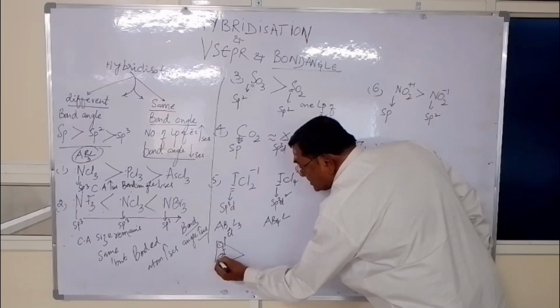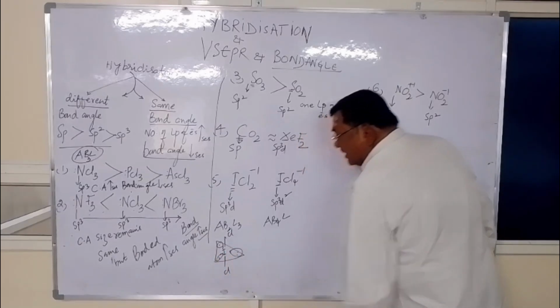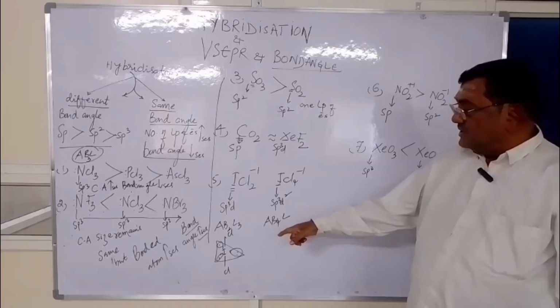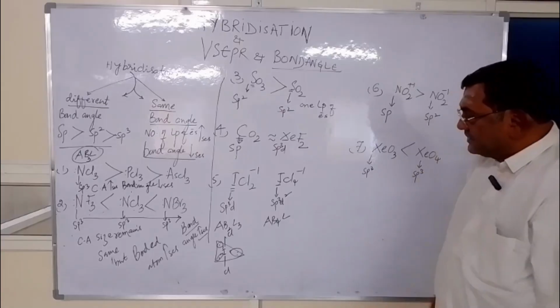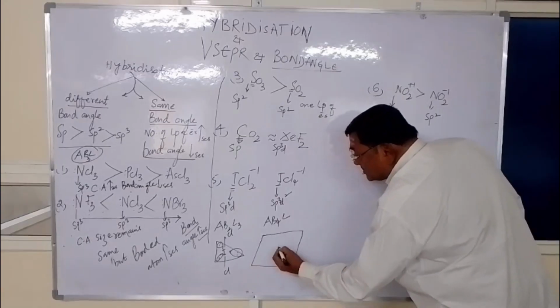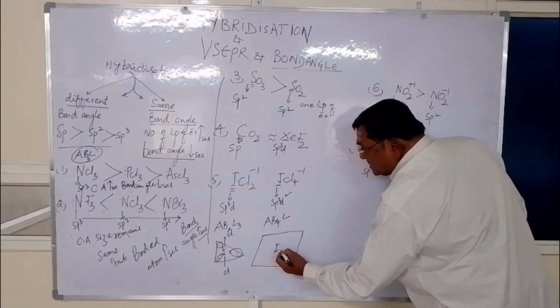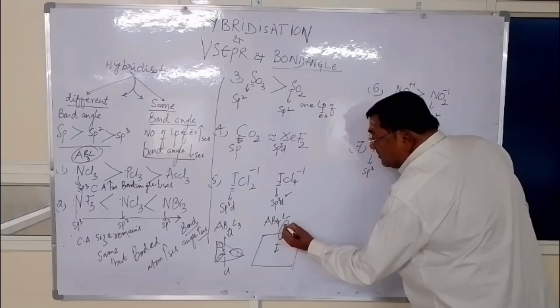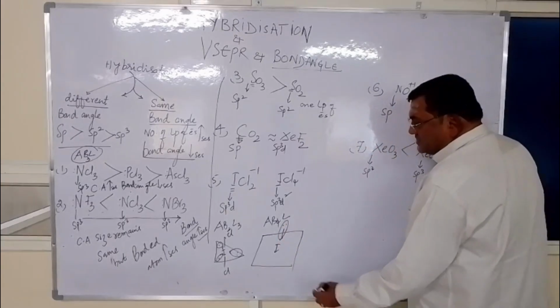In general, I told you, children, in sp³d the lone pairs are going to be extended to equatorial positions. And in case of sp³d², what is happening, children? The lone pairs are going to be extended to axial positions.